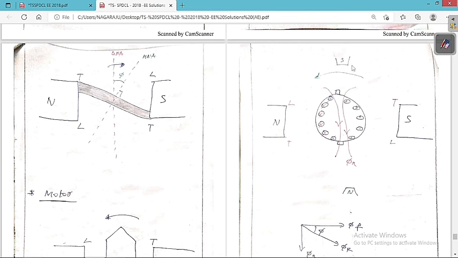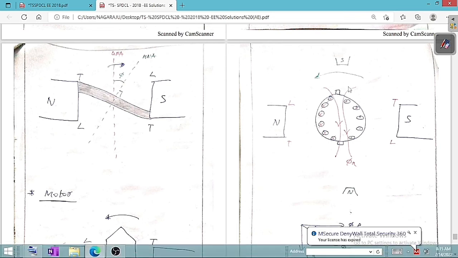So listen carefully, the polarity of the interpole is always the same as the polarity behind the rotation of the main field pole. Whereas in the generator it is ahead of the rotation of the generator, and here it is behind the rotation of the motor. So whatever the polarity of the interpole is, it is always the same as behind the rotation of the main field pole.